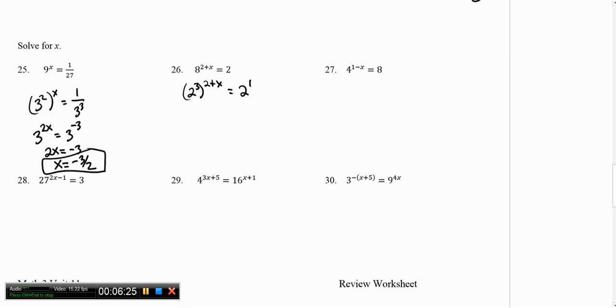Here I have 2 exponents on 2, and you're going to multiply those exponents together, so we get 2 to the power, distribute the 3, and you get 6 plus 3x equals 2 to the power of 1. Set your exponents equal to each other. 6 plus 3x equals 1. Subtract 6. 3x equals negative 5. Divide by 3, and x equals negative 5 thirds.